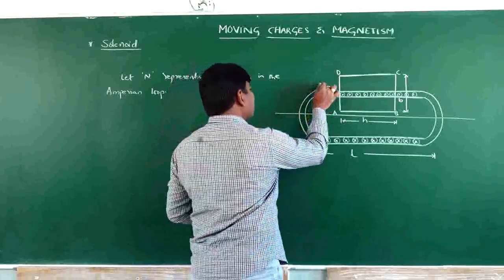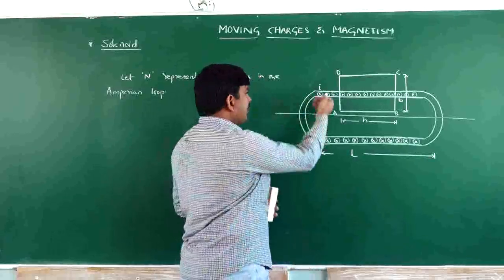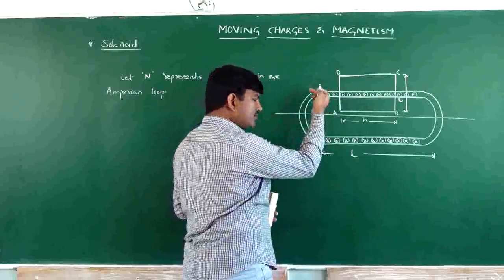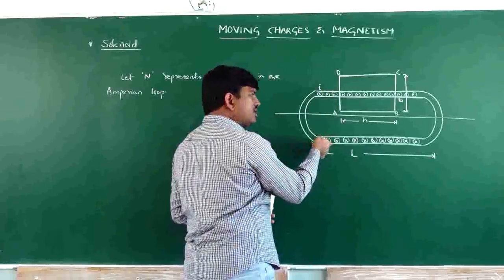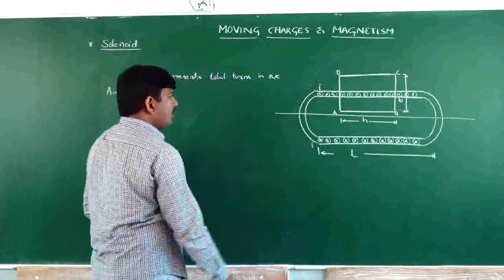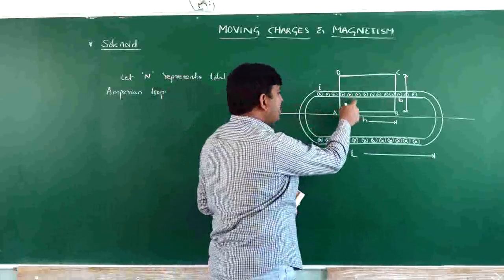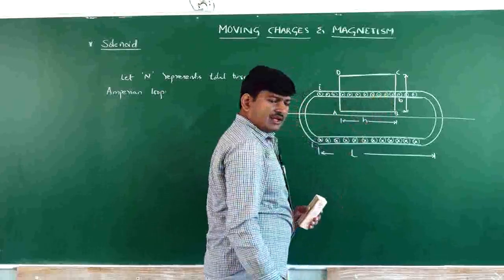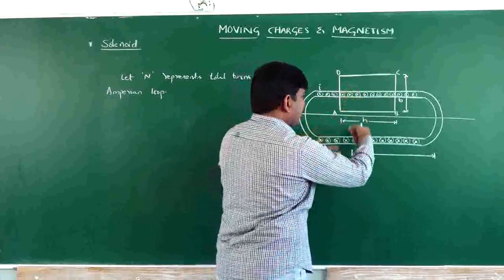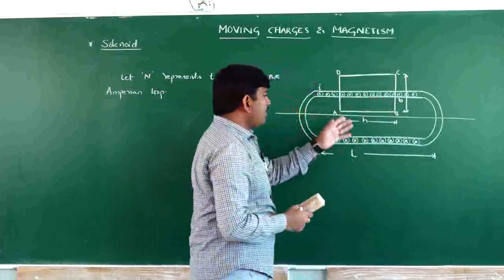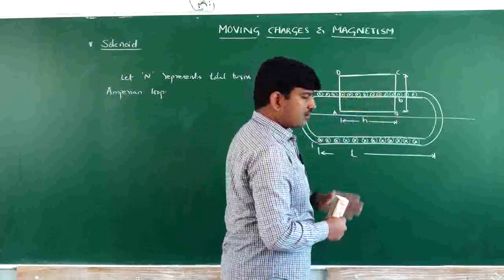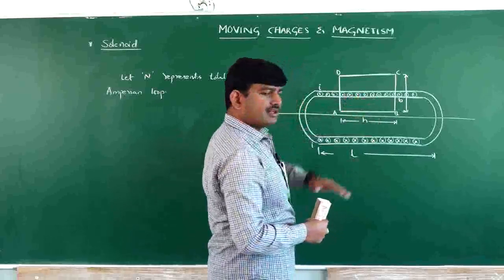Let I be the current, which is coming out of the board here and going into the board here. For example, if we count here 1, 2, 3, 4, 5, 6, 7, 8, eight loops are there as an example. But I don't know; this length is h that I have taken, so I have to find out how many loops or turns are there.